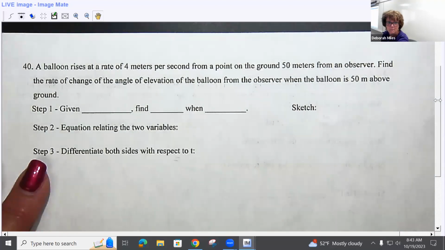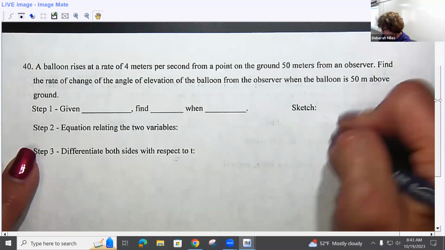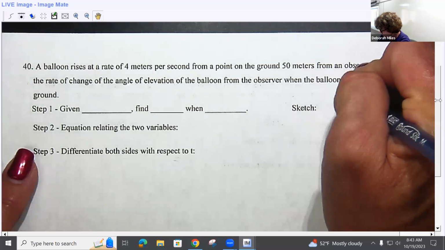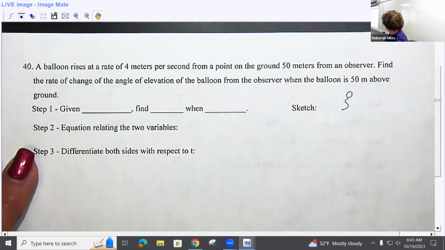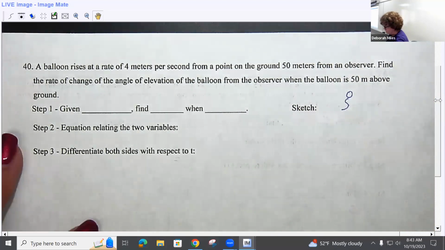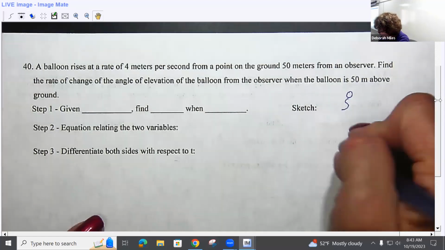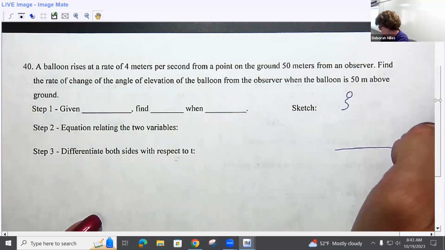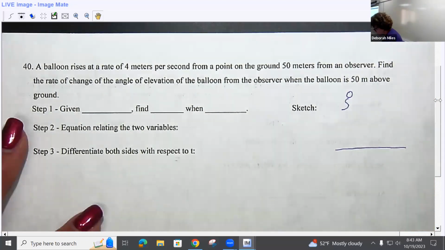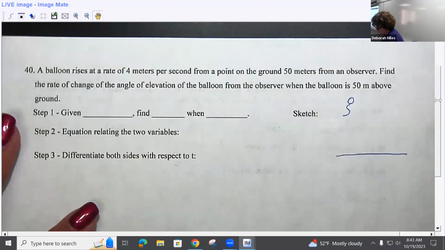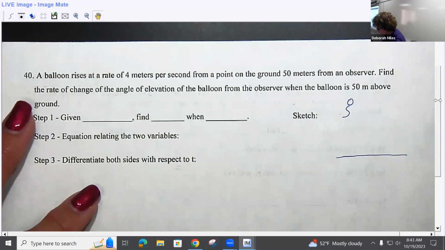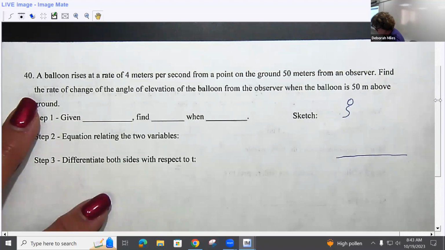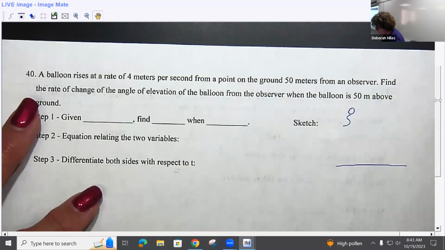My very best balloon. Well, let's start with my very best balloon. And my very best flat ground. A balloon rises at a rate of 4 meters per second from a point on the ground 50 meters from an observer.